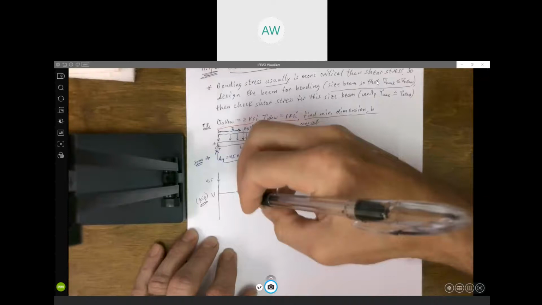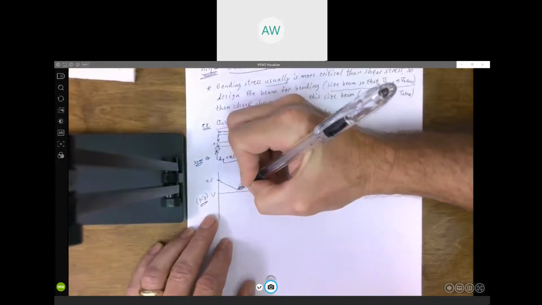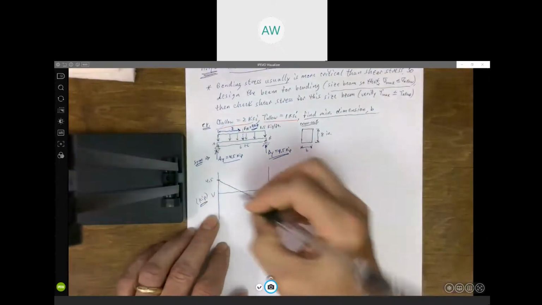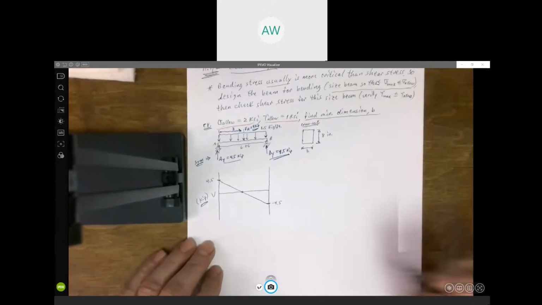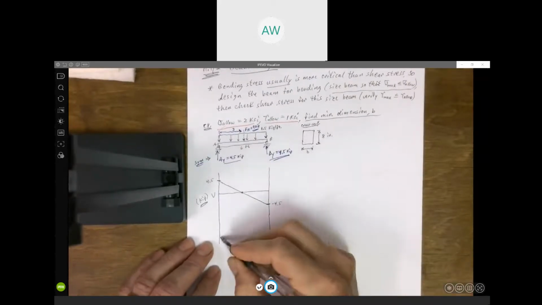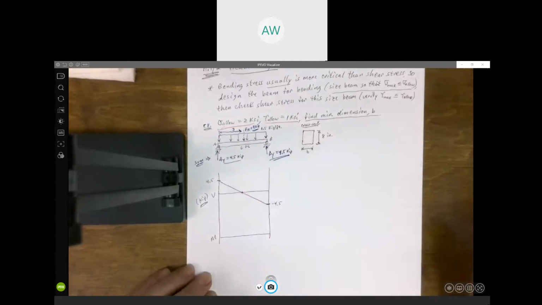And it's going to be linear. So I'm going to attempt to draw a straight line here. Yeah, it's pretty straight. Right, so that's what the shear diagram would look like for this loading. And now we draw the moment diagram. Again, remember to put units.